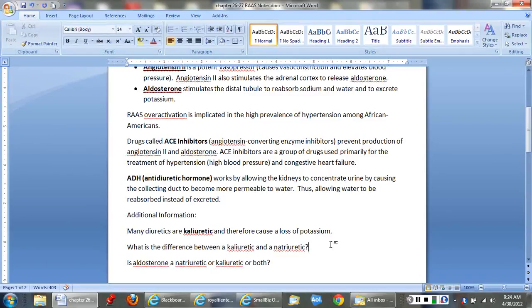So is aldosterone, so remember what we said about aldosterone, would it be a natriuretic or a kaliuretic or both? So what does aldosterone do again? It gets rid of potassium. And what about sodium? It reabsorbs sodium. So aldosterone is a kaliuretic. Good job.